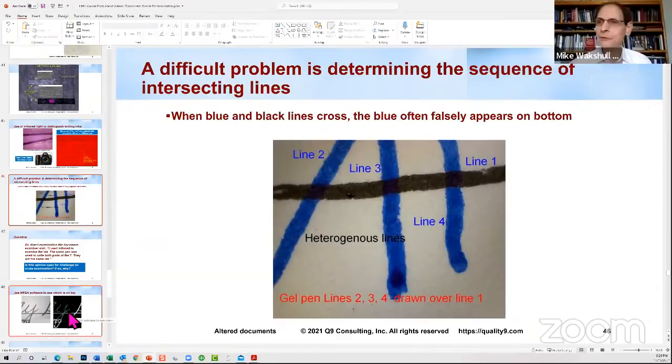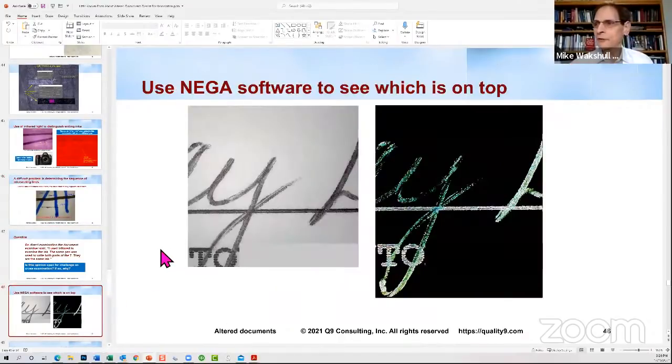That's why using the NEGA software, again, it stands for digital negatoscope. A negatoscope is an instrument used by radiologists to examine x-rays. But what they discovered is with their software, it'll show you which line is on top of which.